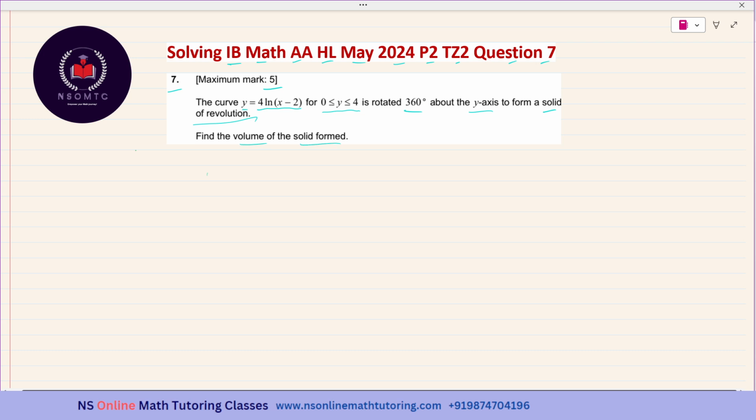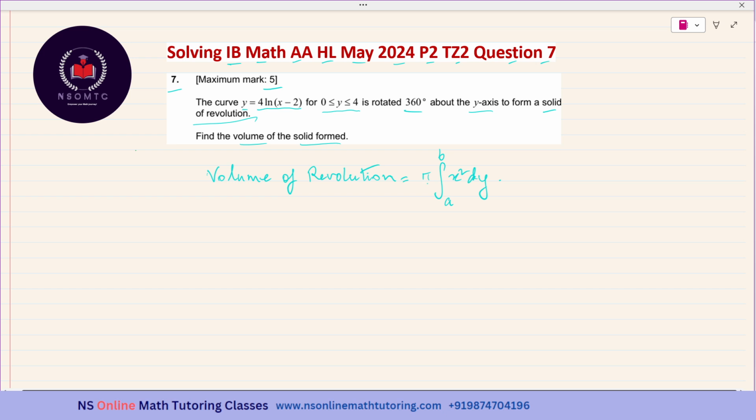Okay, so we know the volume of revolution formula. When the curve is rotated about the y-axis, the formula will be pi times the integral from a to b, where these are the y values, of x squared dy.